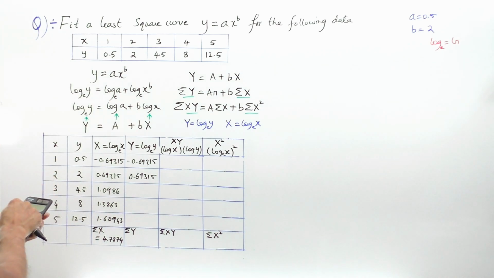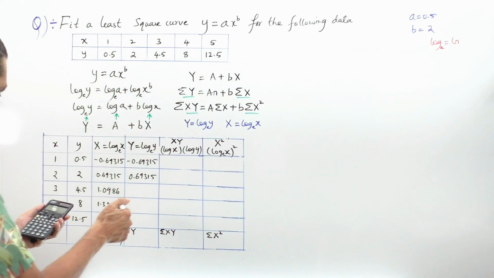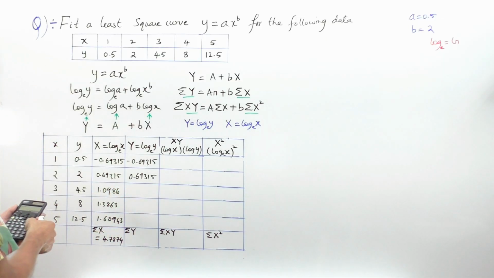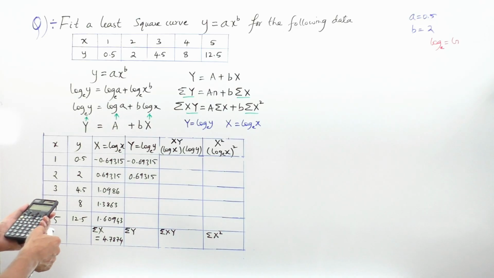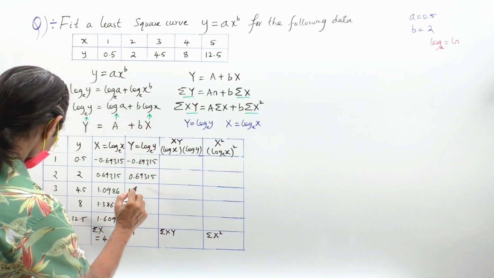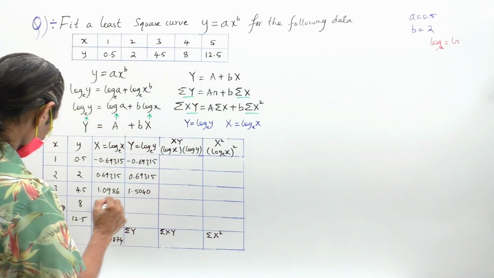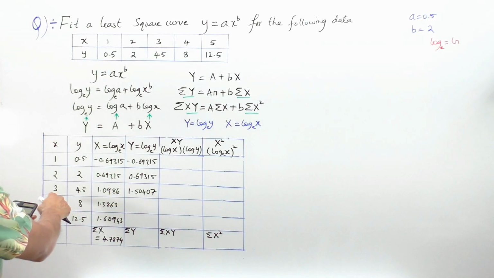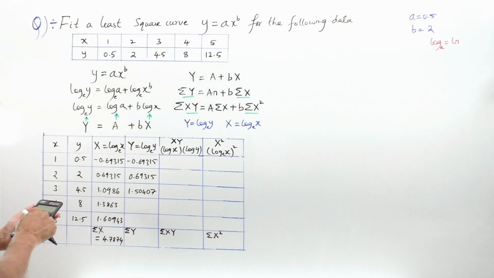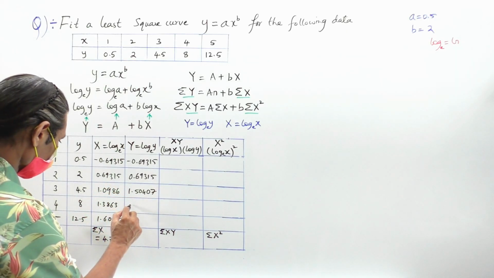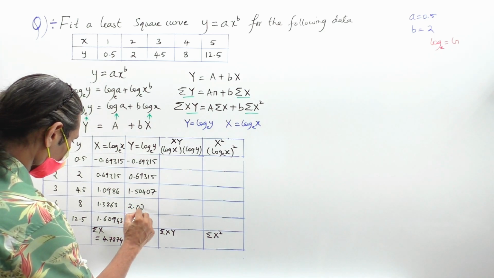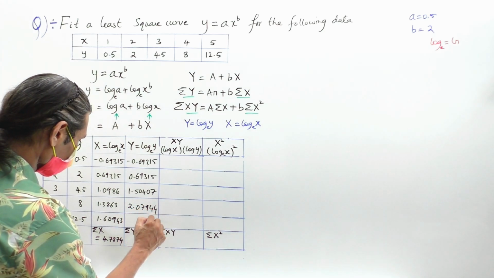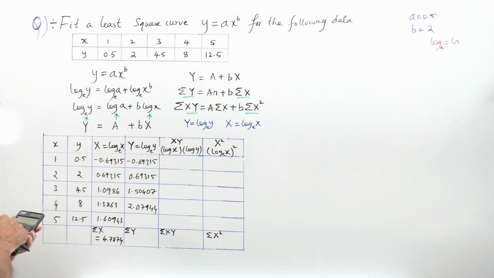Then for 4.5, shift ln of 4.5 equals 1.50407. Then for 8, shift ln of 8 is equal to 2.07944. Lastly 12.5, shift ln of 12.5 equals 2.5257.